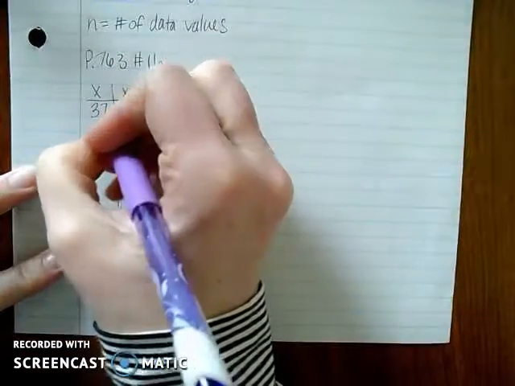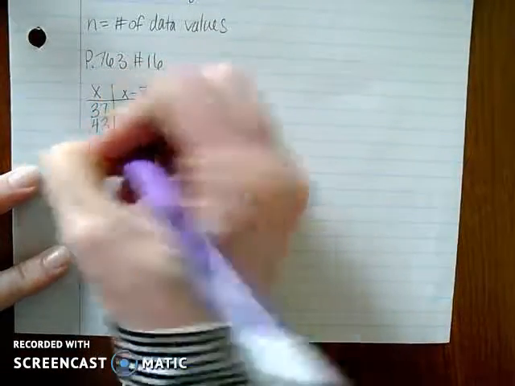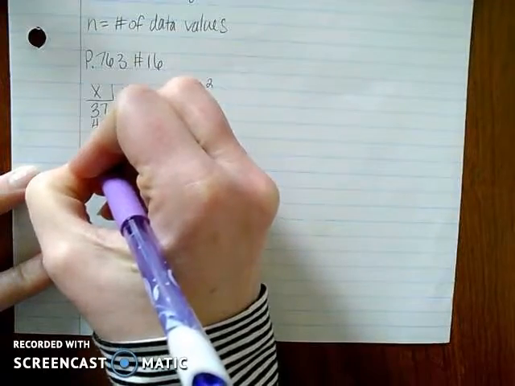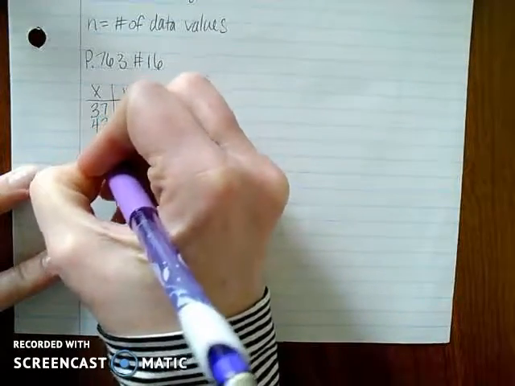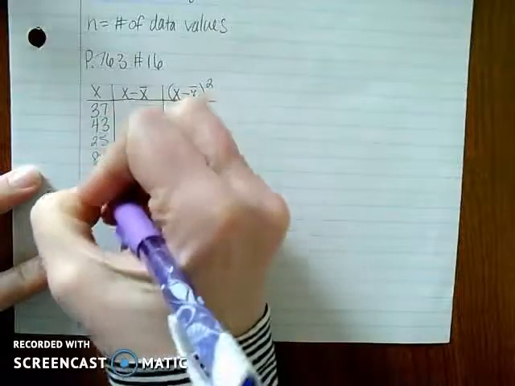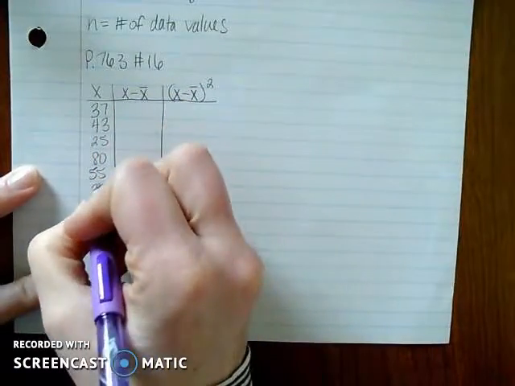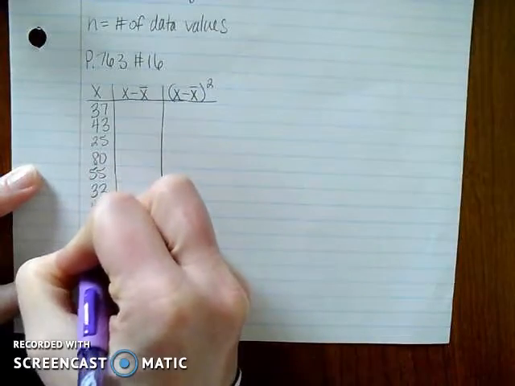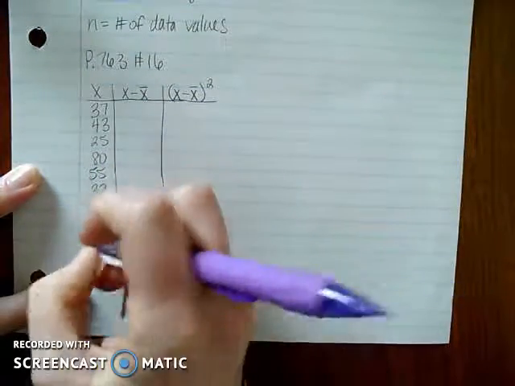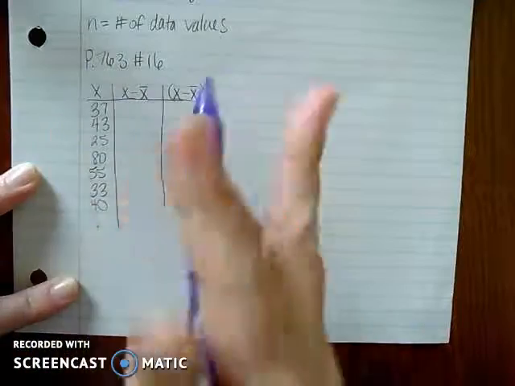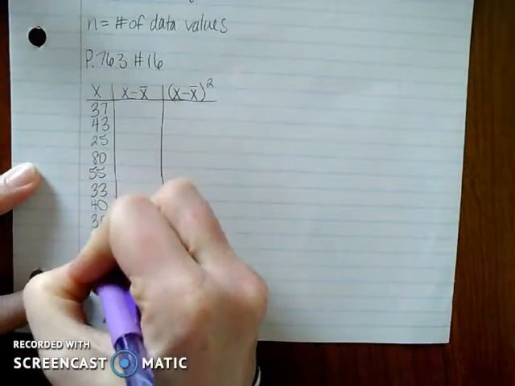So 37, 43, 25, 80, 55, 33, 40, 40, 30, and 35.